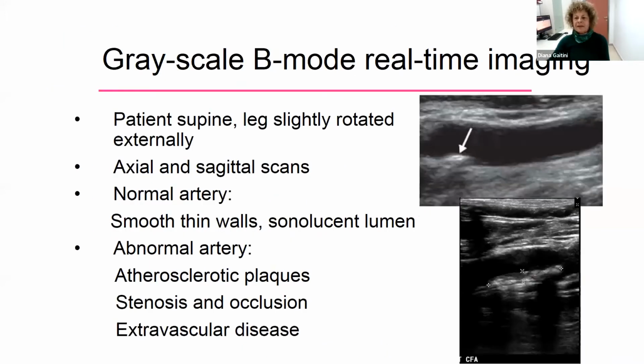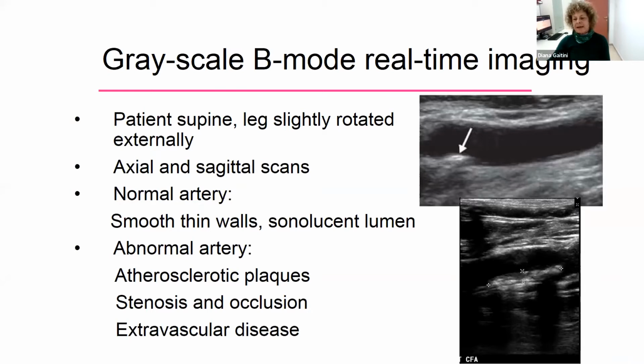Here we have the beginning of the examination, the grayscale B-mode real-time imaging. The patient lies supine with the legs slightly rotated externally. We perform axial and sagittal scans. The normal artery has smooth, thin walls with a sonolucent lumen. In an abnormal artery, we will see plaques.